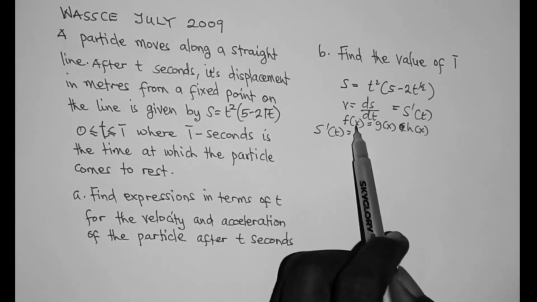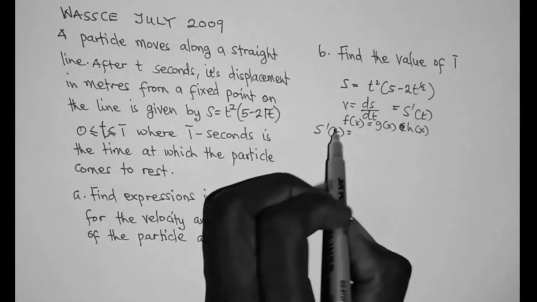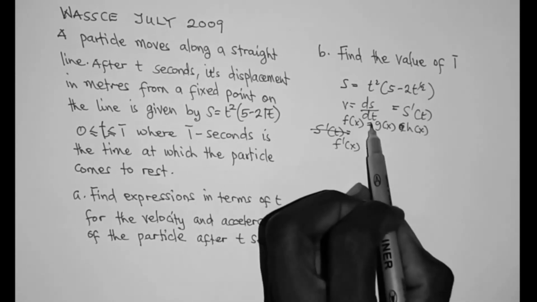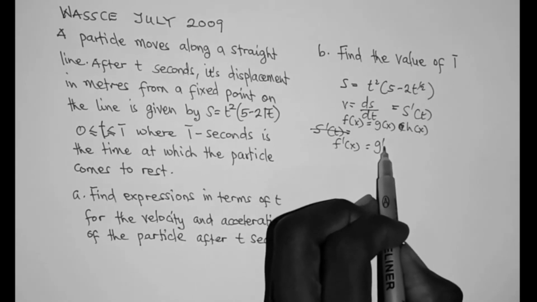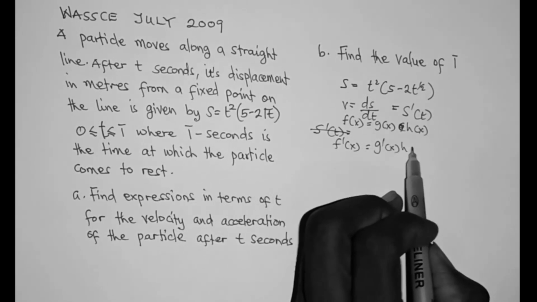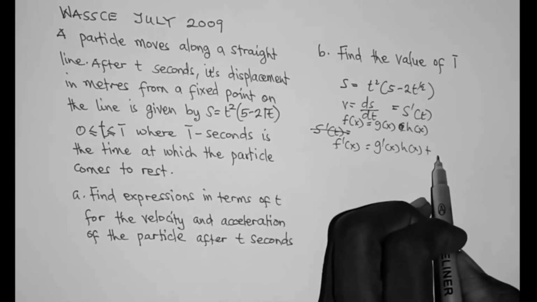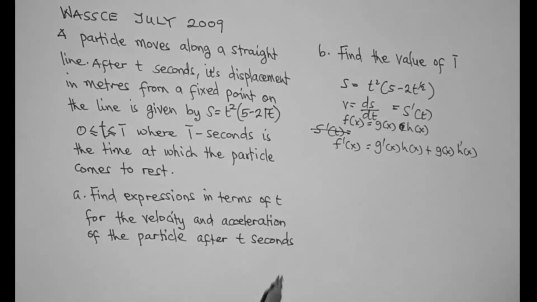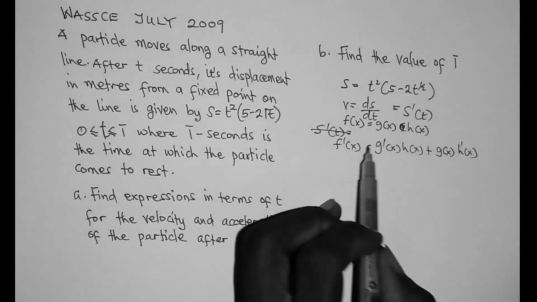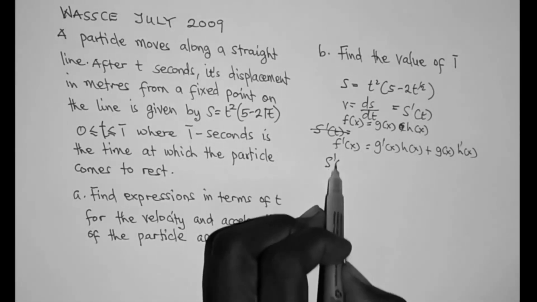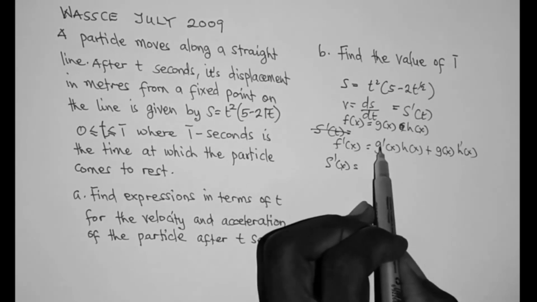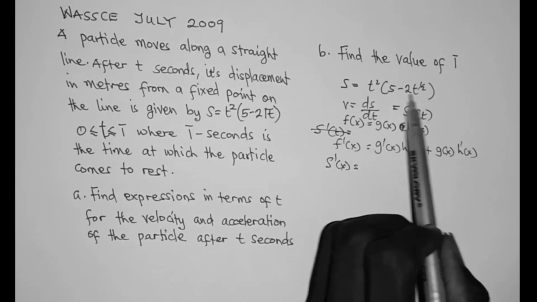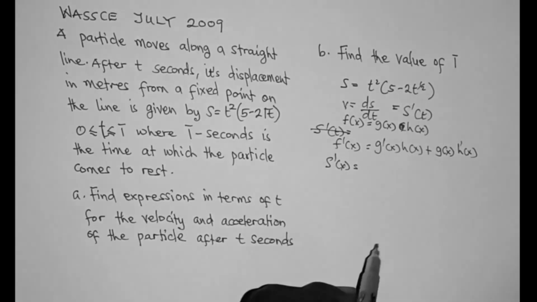So this means that f prime of x equals, differentiate g of x to get g prime of x and keep h of x, and add it to keep g of x and differentiate h of x to get h prime of x. So in this case, s prime of t is equal to, our g of t is t squared and h of t is 5 minus 2t exponent half.